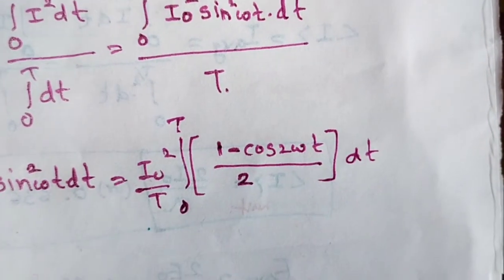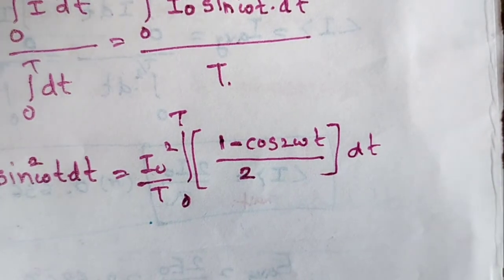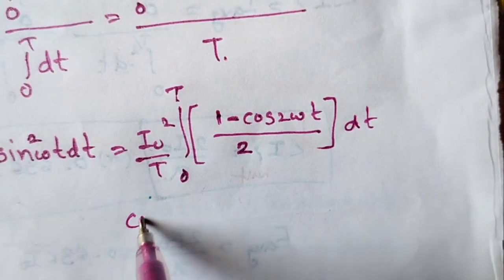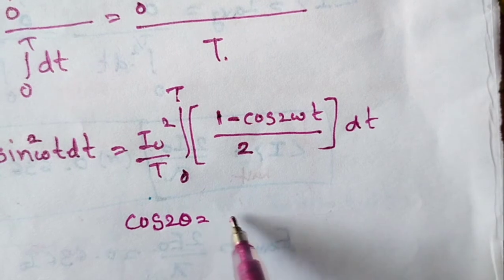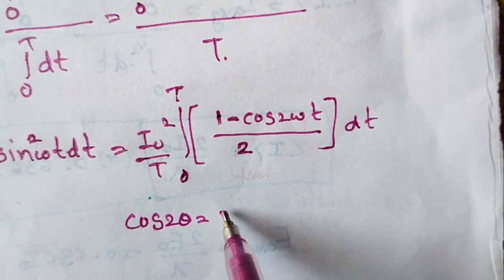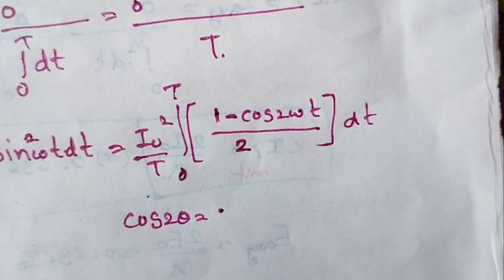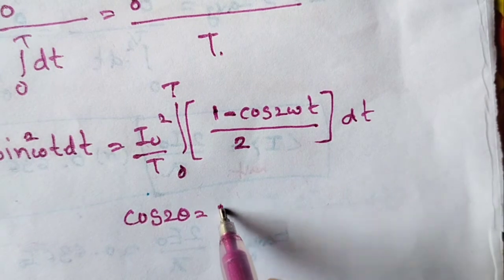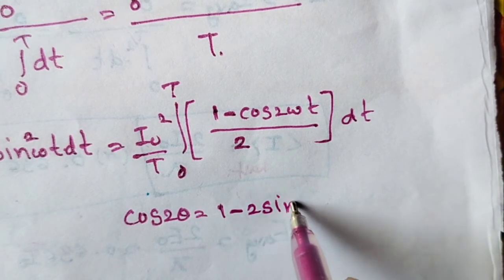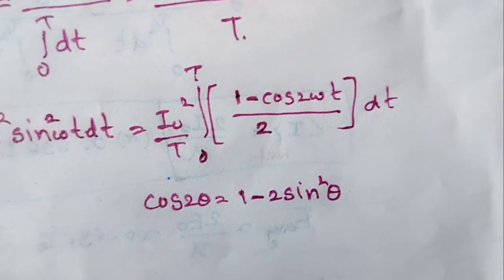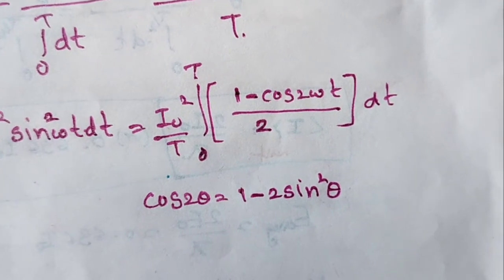This is a formula: cos 2 theta is equal to 1 minus 2 sin square theta. By using this formula, we can calculate 1 minus cos 2 omega t by 2.